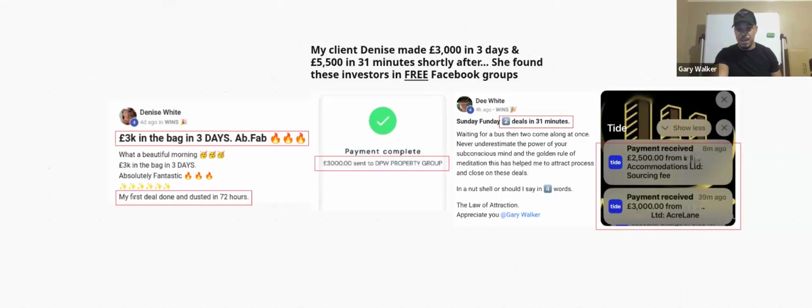You've got one for 2,500, because she gave them a £500 discount since they took 2 deals and negotiated. So 2,500 for one of the deals and 3K for the other one, which was really good. So just in the space of a week, she's made £5,500. And she's only a few weeks prior made 3K.